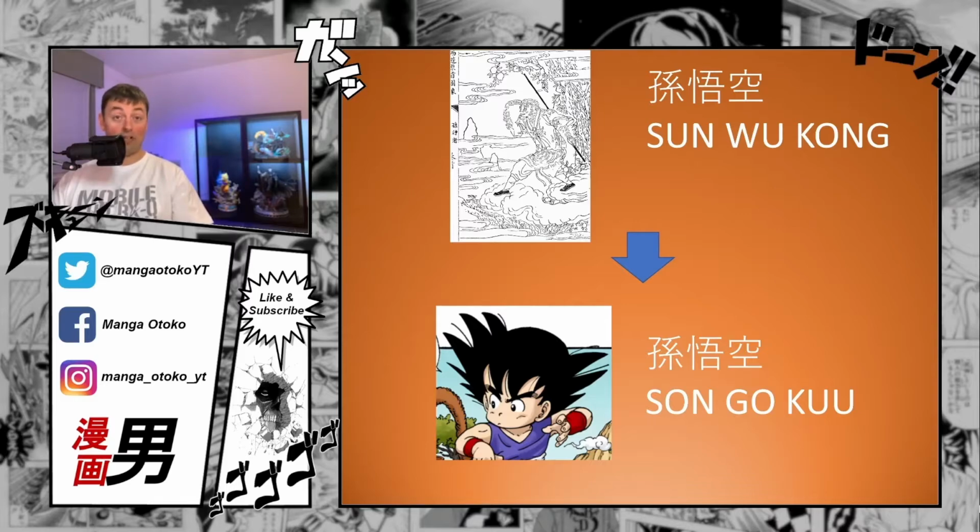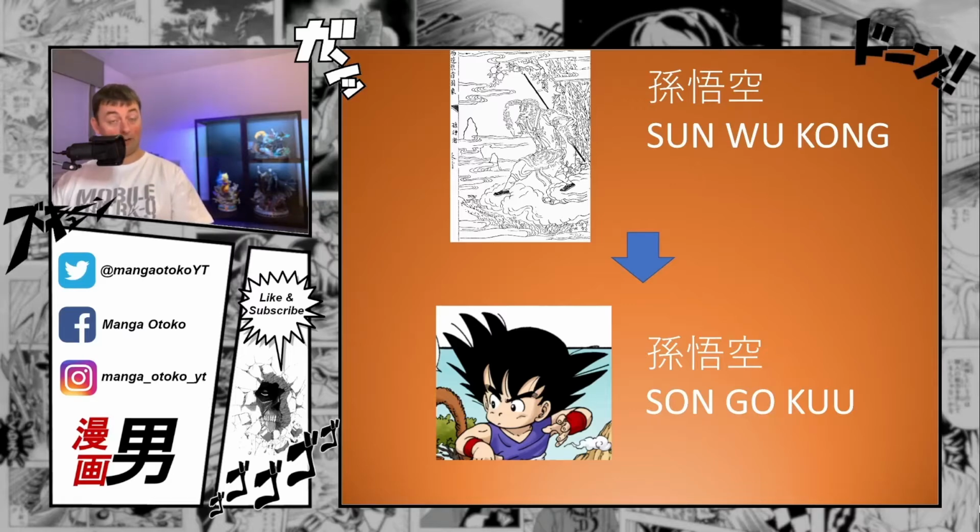Looks very monkey-like, much more than the Son Goku from Dragon Ball. And you can see he can walk on clouds. He has a lot of special abilities, among which the ability to walk on clouds, and a long staff which he can extend. These things are also referenced in the Dragon Ball manga.